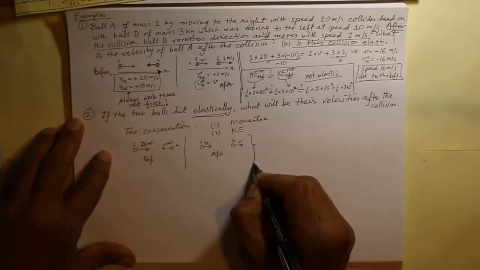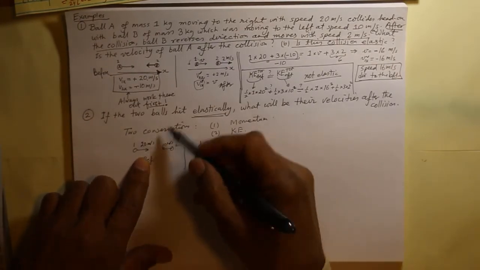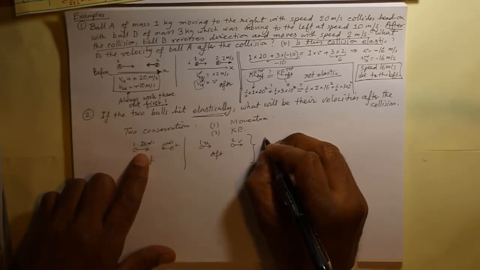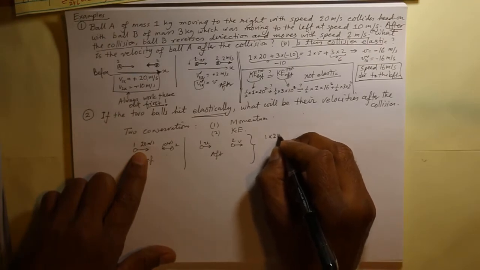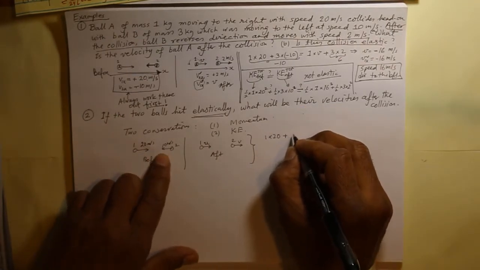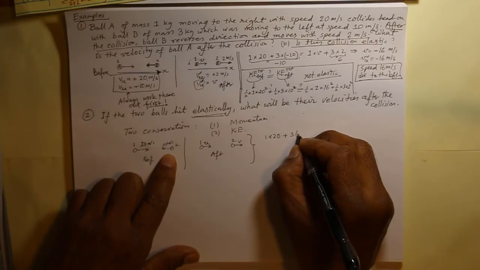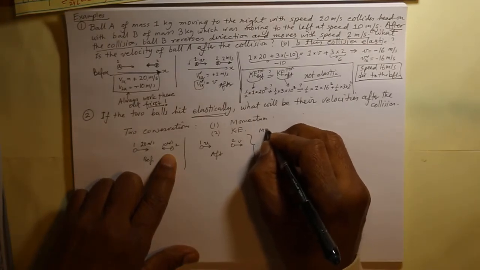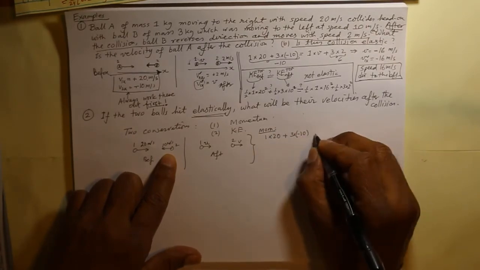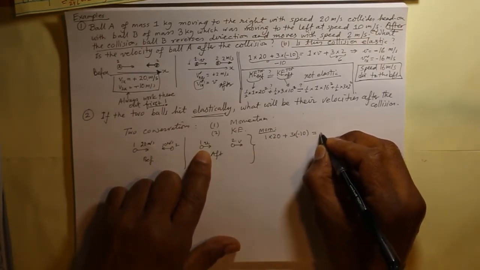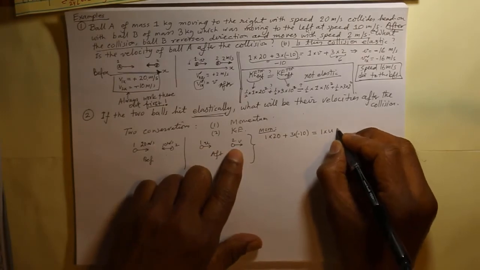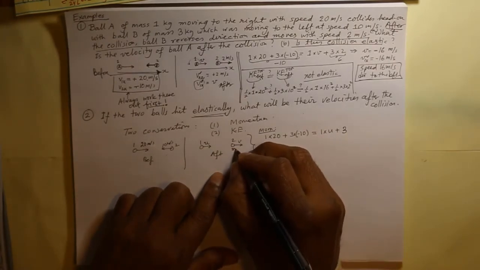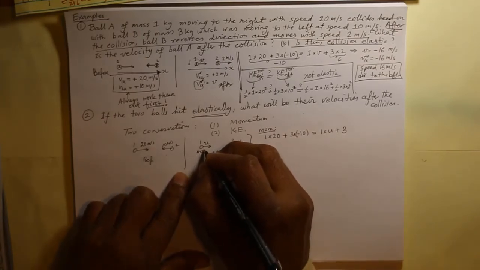So you can set it up, and you are going to get 1 times 20 just like before, plus 3 times minus 10 for the momentum, and this is going to be 1 times u plus 3 times v, since m equals 3 kilograms here and m equals 1 here.